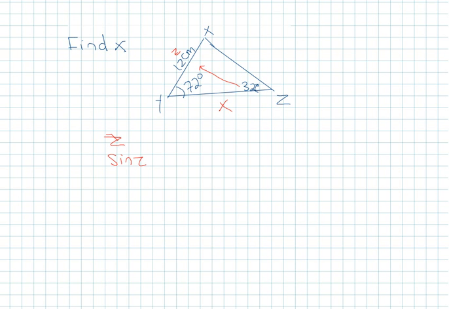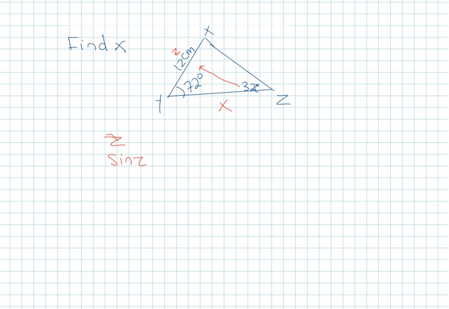How many angles do I know? Two. If I want to find the third angle, what do I do? Add them and subtract from 180. Remember that the sum of all the three angles inside of the triangle is going to be 180. If I know 2, I can find the third. Right? So the first thing that I have to do here, before I can get into the sine law, I have to find angle x.